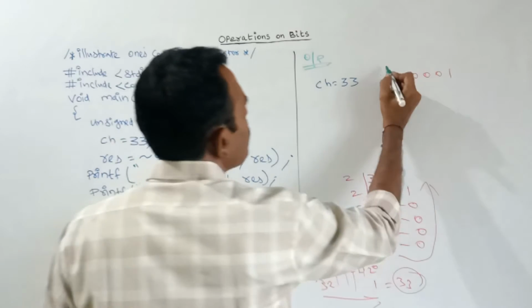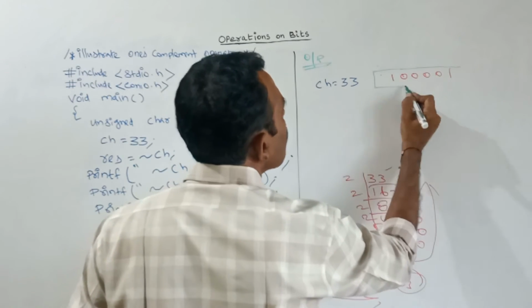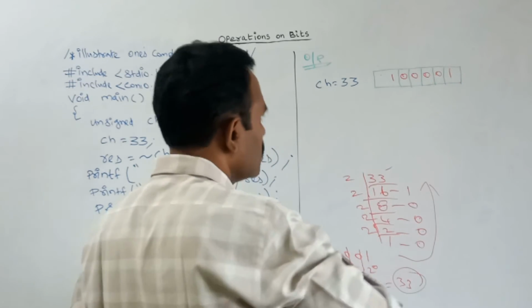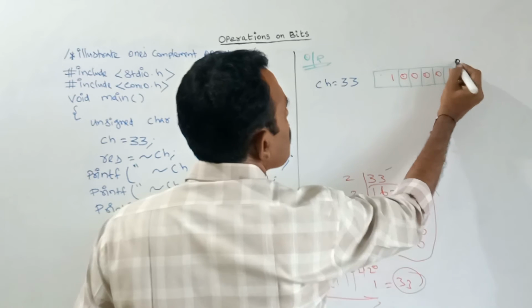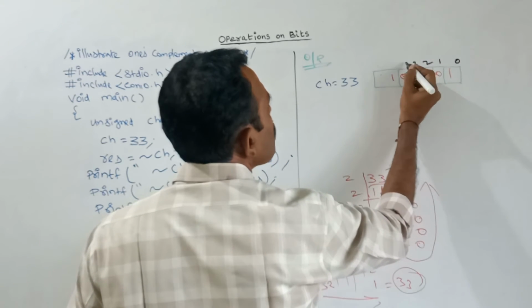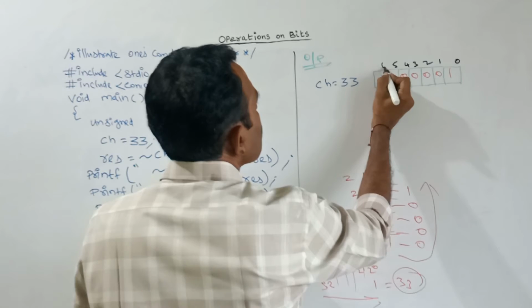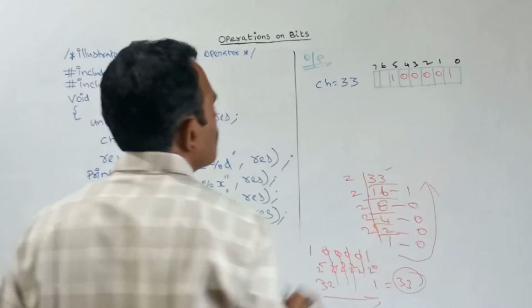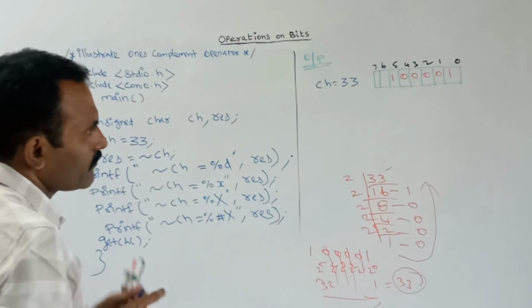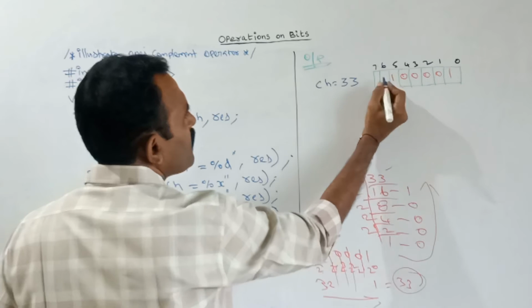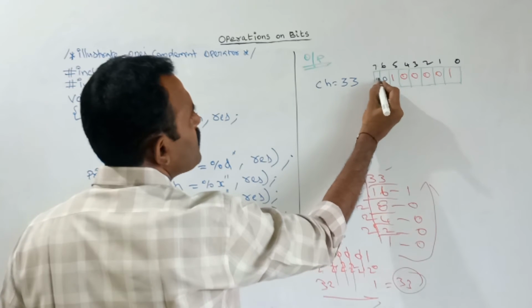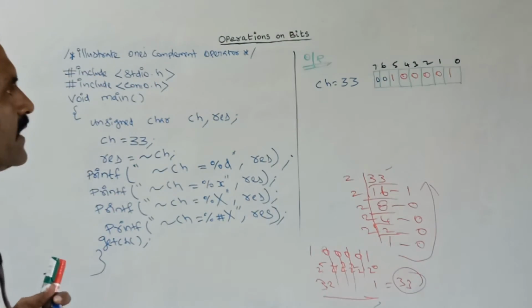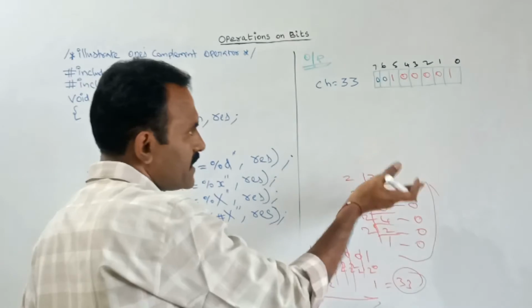Among these 8 bits, in front of this binary number we can put 0. This empty space we can fill with 0. So this is the value for 33.